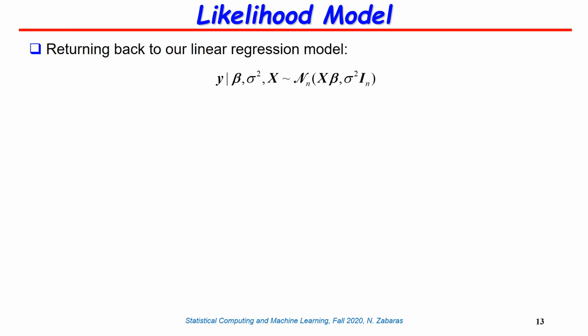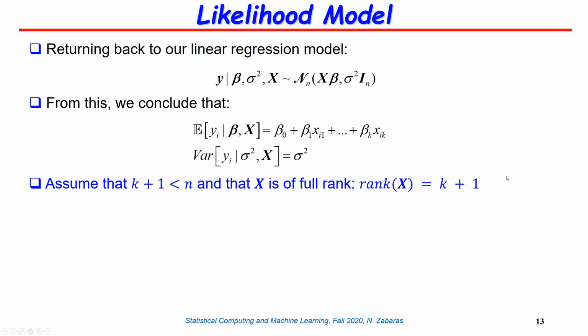The first column is all ones to account for the bias term, and every other column corresponds to a particular input dimension. So the design matrix is of dimensions n times k plus 1. We have k input variables, plus the bias that gives us the k plus 1, and we take the noise sigma squared to be unknown.